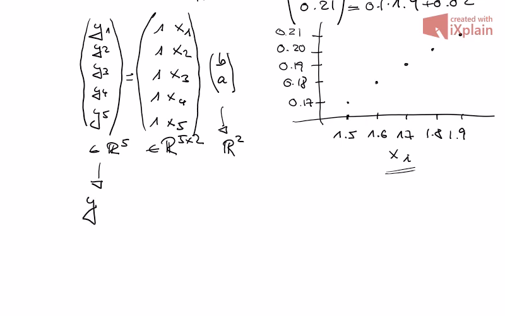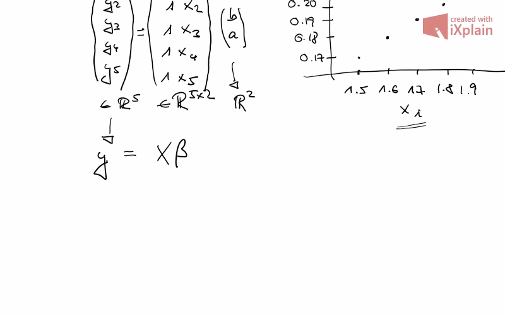Yeah. So I'm expressing that a little bit more concisely. I'm calling this y1 to y5 vector y, and I call this matrix with the column of ones and the column of the values of the independent variable x. And I call this vector with the b and the a in it beta. Yeah. So this is now x, and this is now beta.